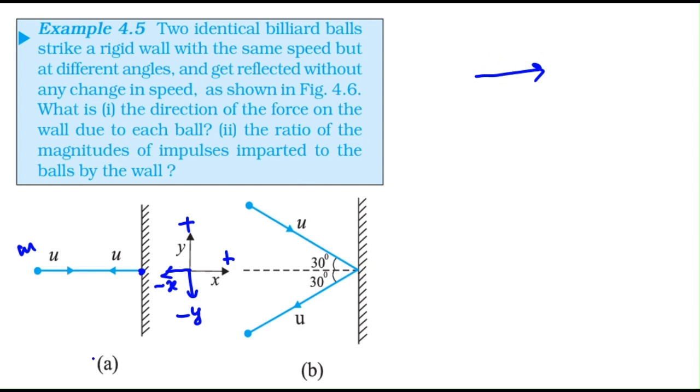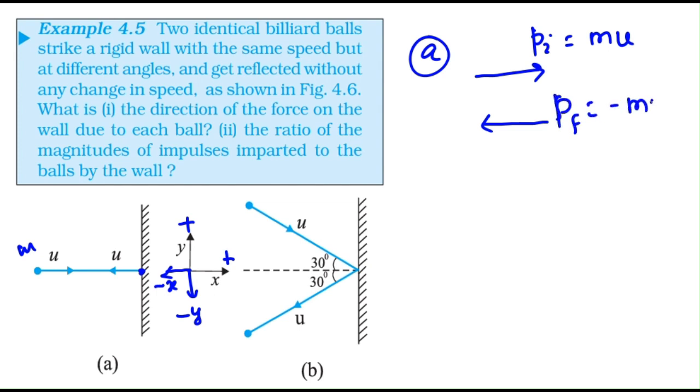So initial momentum in case A will be m u, positive, and after bouncing back, the final momentum is m into minus u. I'm writing minus m u because velocity is a vector quantity, and if we take velocity along this direction positive, then we have to take velocity along the opposite direction negative. So this is the initial momentum and this is the final momentum.